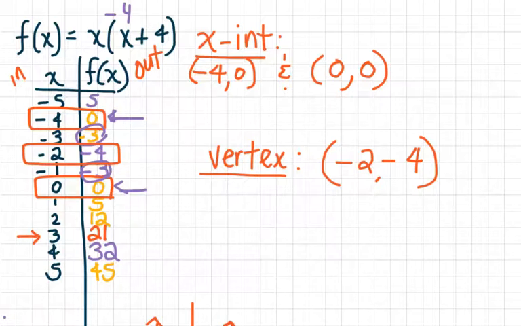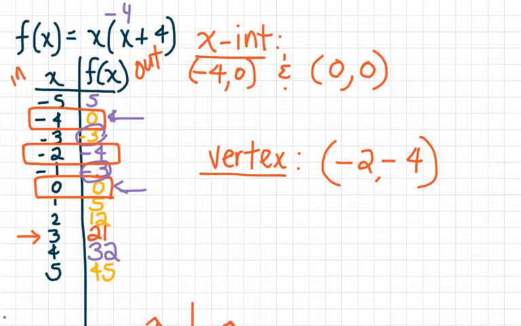And 0 times 0 gives me an output of 0. And subsequently, if I use 0 for my input right here for x, well, if I put in any number here, any number times 0 is 0. So that's just something to notice.